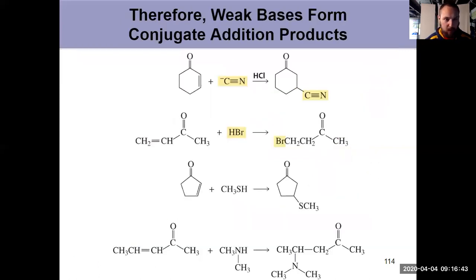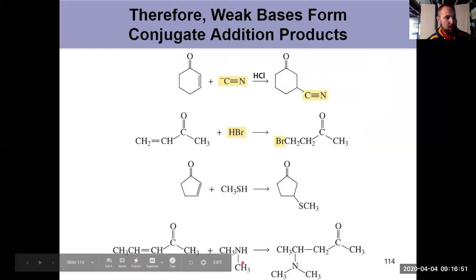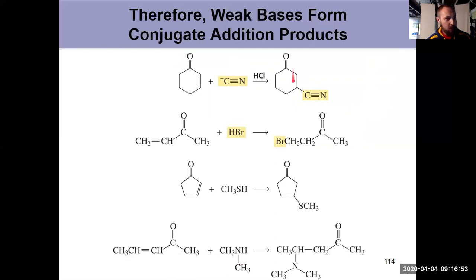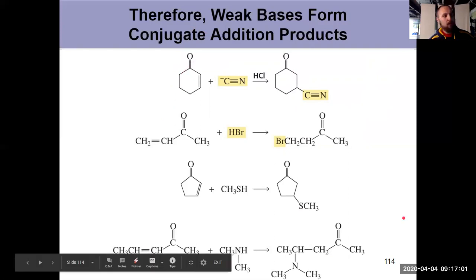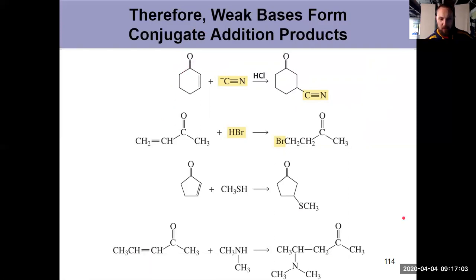So something like hydride or a Grignard reagent, and I'm getting just slightly ahead of myself in the slides. So here we see a whole bunch of weak bases, we're under thermodynamic control still, weak base, thermodynamic control, everything here on slide 114 is showing that. Okay? So there's a weak base, conjugate product prevails, the 1,4 addition.